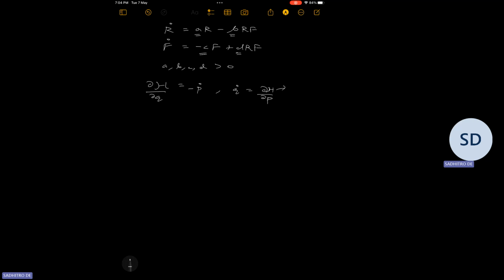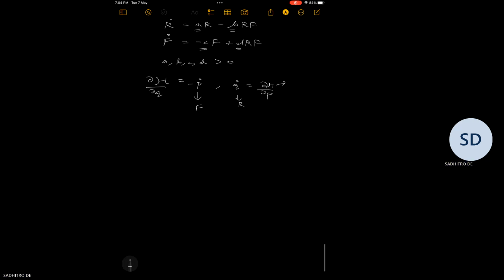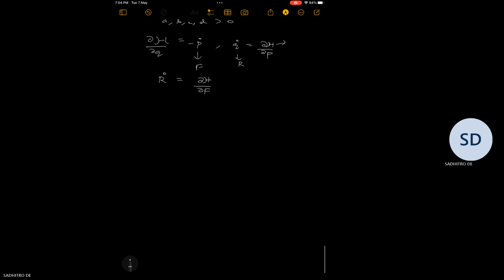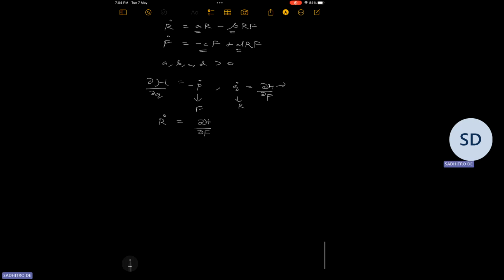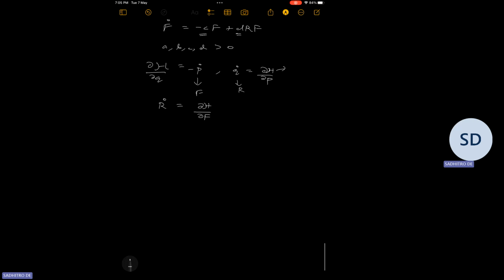So suppose we denote Q as R and P as F, then we can write R dot is equal to del H by del F. Or you have to integrate the R equation with respect to F.